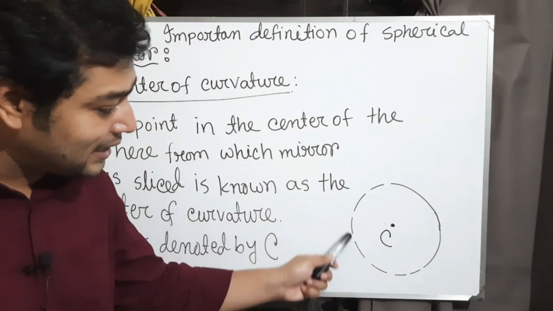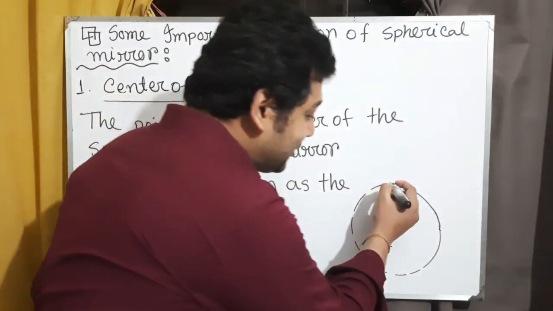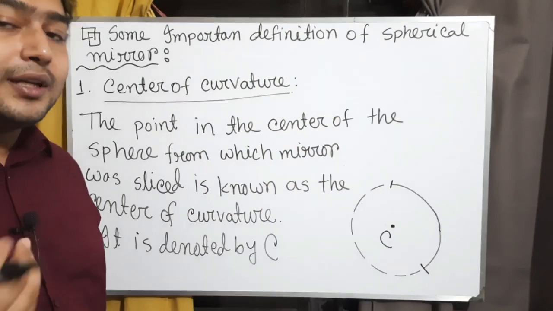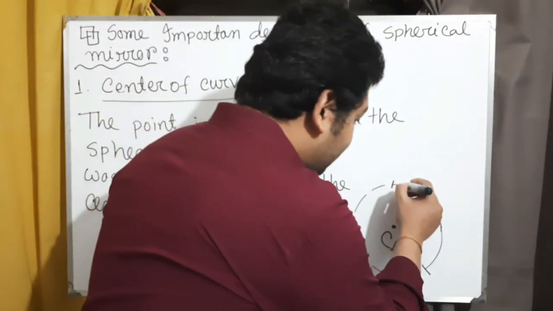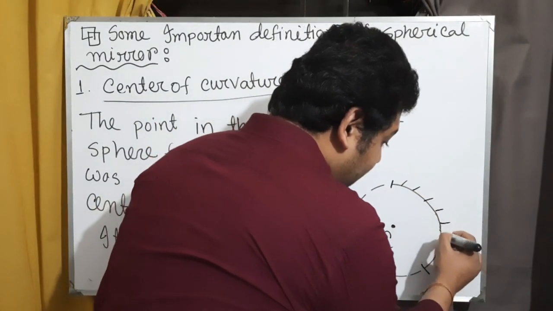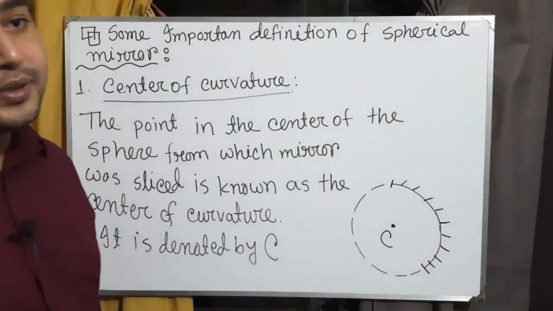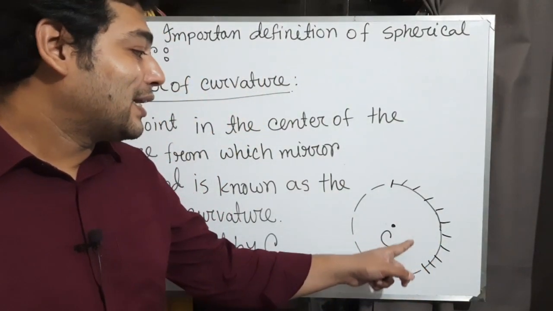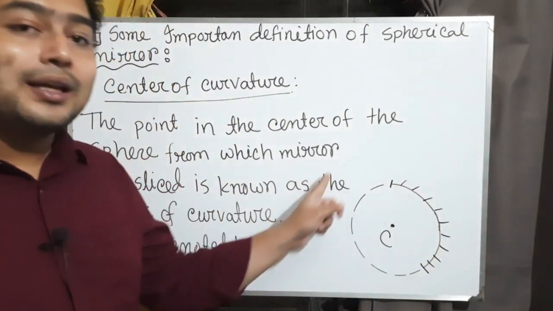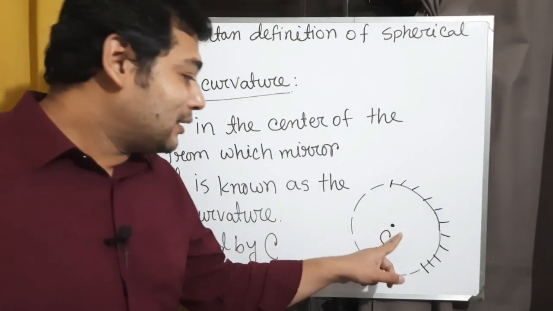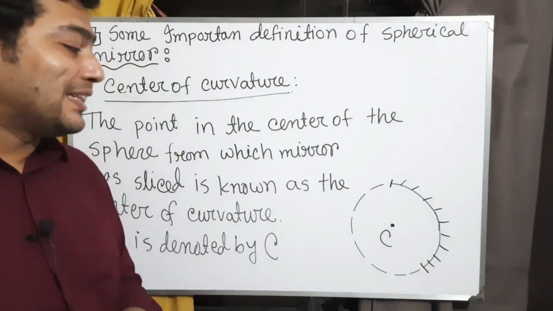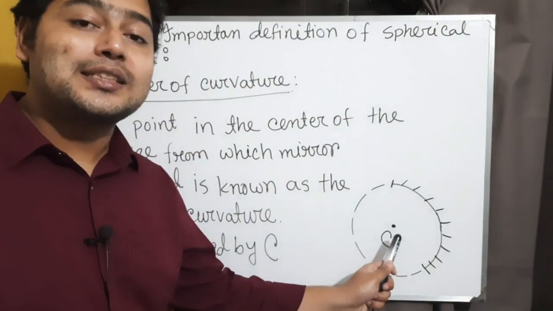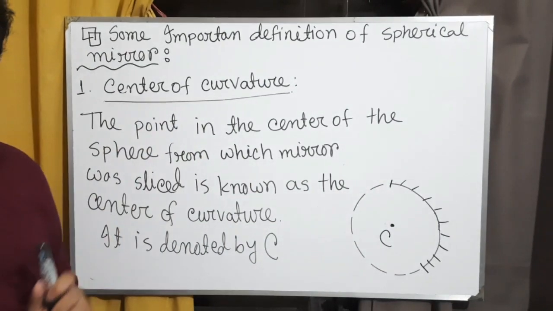Suppose this is our hollow sphere and we use this portion as a mirror, a concave mirror. So this mirror is a part of this sphere, and the center of this sphere is called the center of curvature.